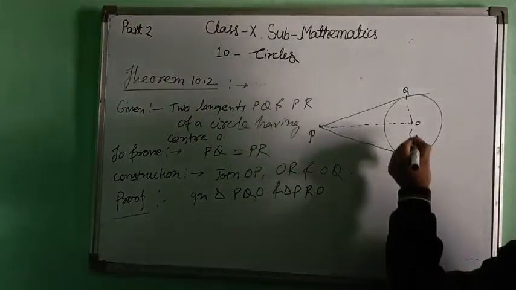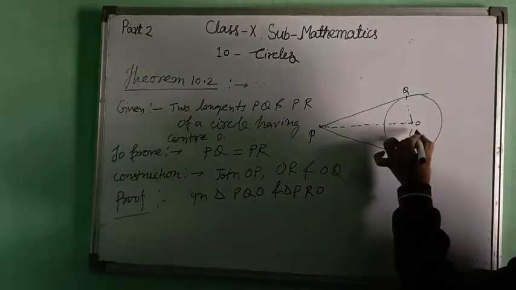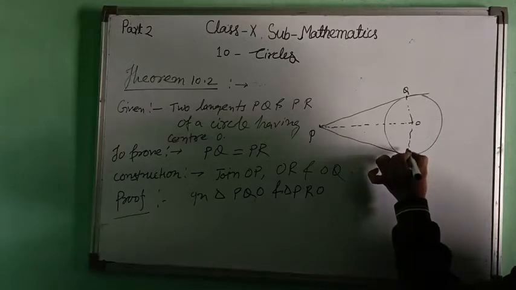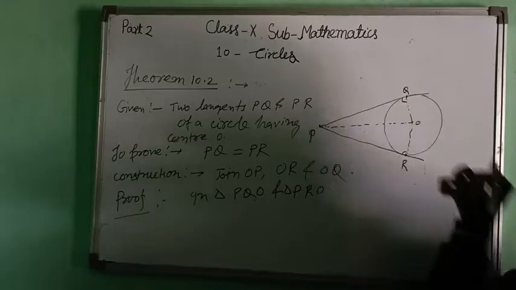Look here, if any line joins the point of contact, then it will create 90 degrees. So this will be 90 degrees.